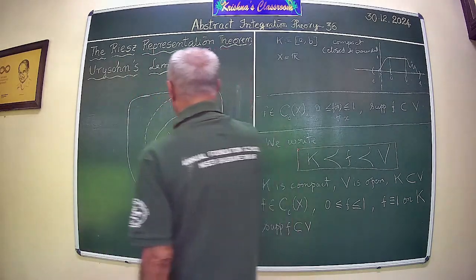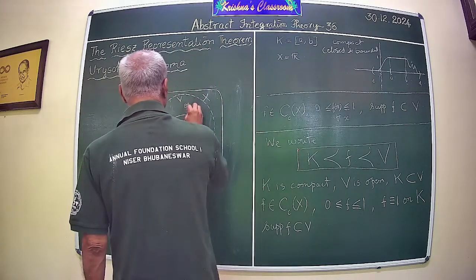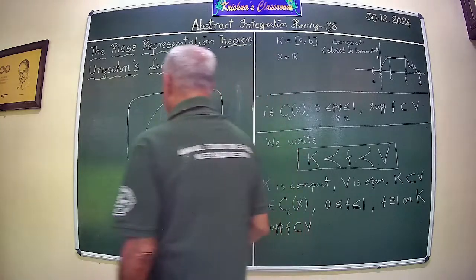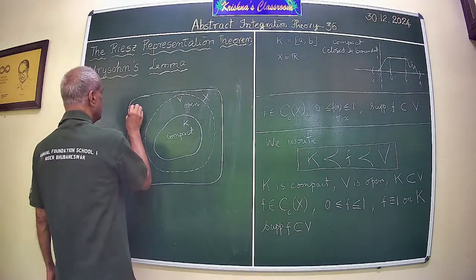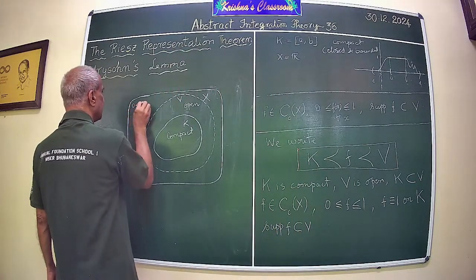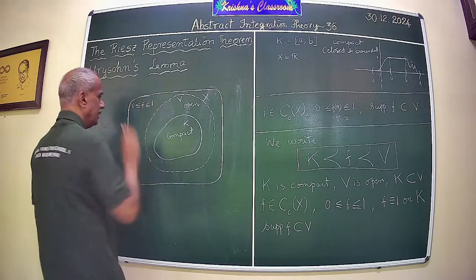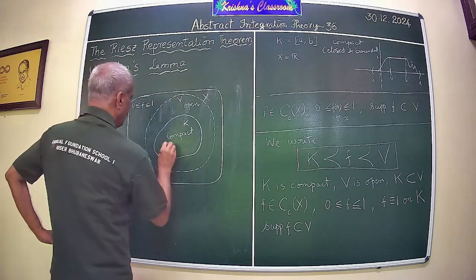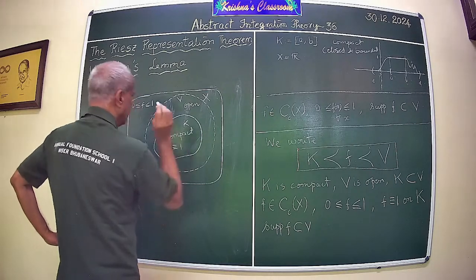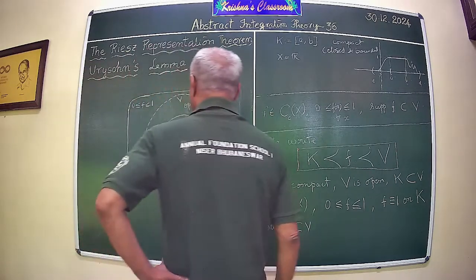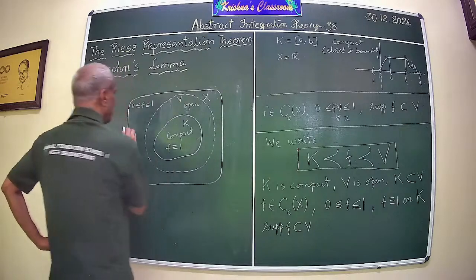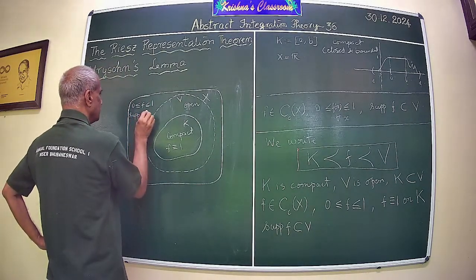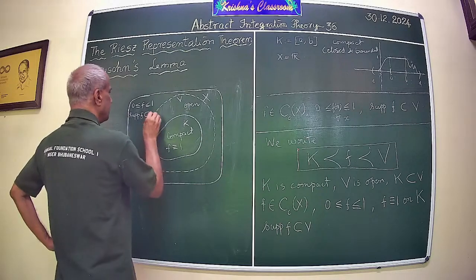So V is open. And then you have F, which is continuous, less than or equal to 1. And then what more you have? F is identically equal to 1 here. And the support of F is contained in the open set.